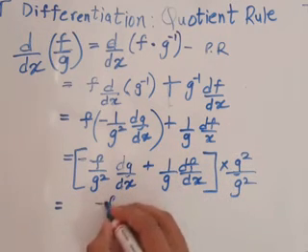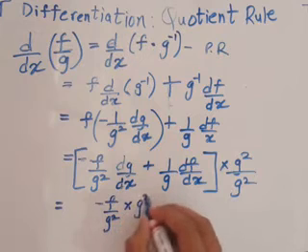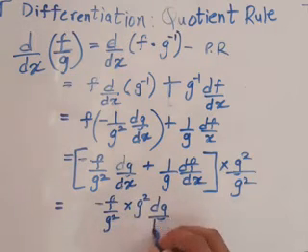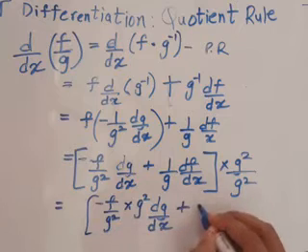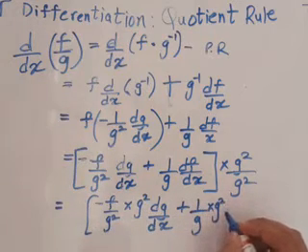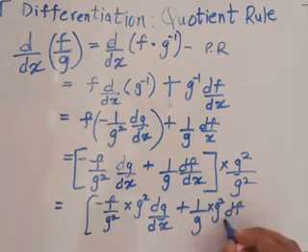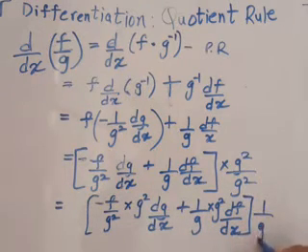So we have minus f upon g square multiplied by g square times the derivative of g, plus 1 upon g into g square times the derivative of f with respect to x, and I still have this 1 upon g square outside.